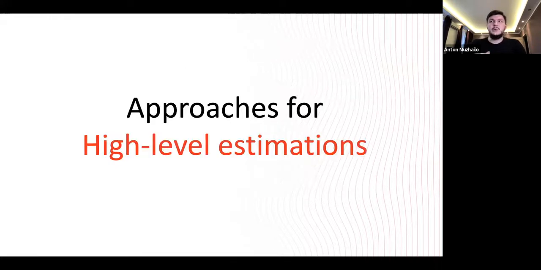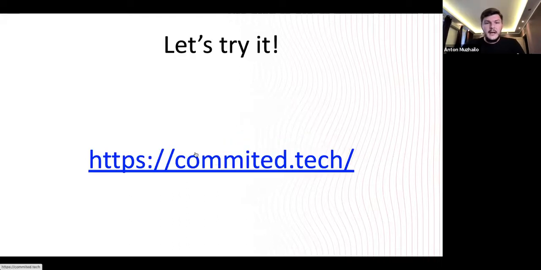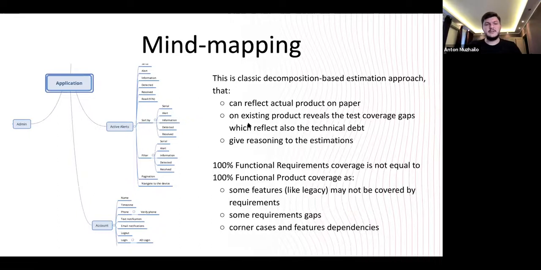And right now, I would like to show you a couple of approaches for how to do the high-level estimation. So you probably heard about mind mapping, right? I personally love mind mapping. Okay, here it is. So mind mapping. There are lots of tools to make these mind maps, but a very important thing is that it can show you the exact scope that you have. Because when you're talking about the scope, sometimes you have a full requirement set that is very detailed, very good, and there is only a 1% chance to get it, right?